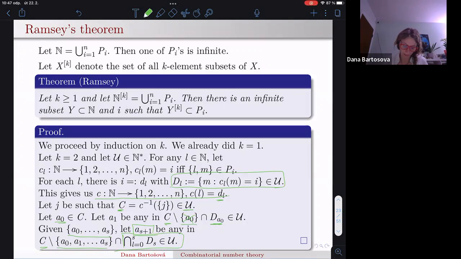There is space for this new AS plus 1 to come from. So now I say that Y is going to be this set A0, A1, and so on. I can proceed by recursion to define this set, and I can inductively show that this works, but I think it's quite clear by now. Any questions?